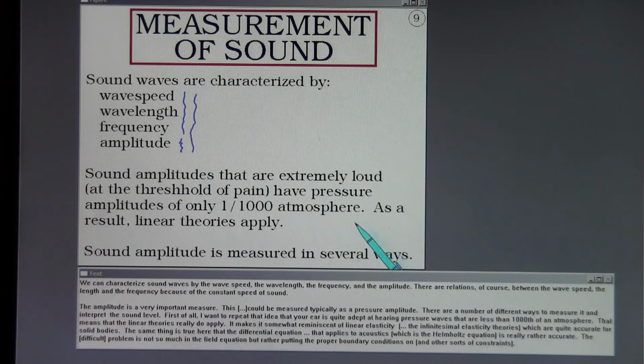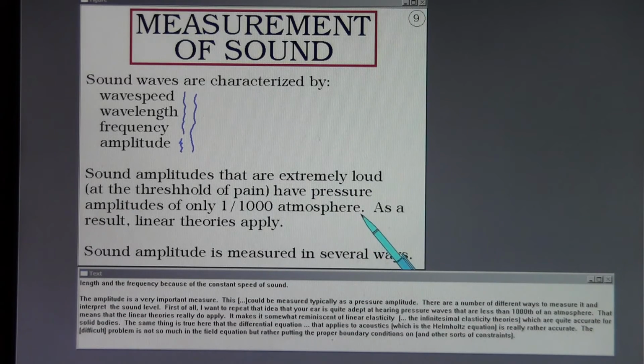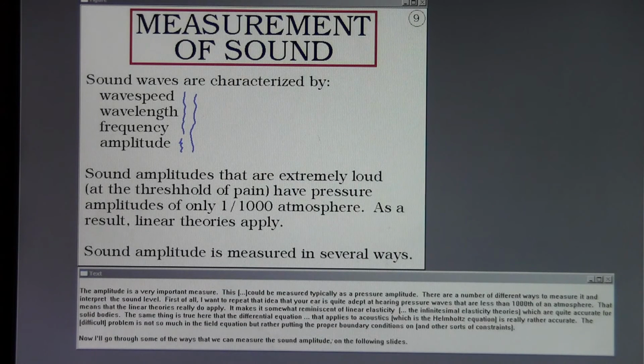First of all, I want to repeat that your ear is quite adept at hearing pressure waves that are less than 1,000th of an atmosphere, and that means that the linear theories really do apply. It is somewhat reminiscent of linear elasticity or the infinitesimal elasticity theories, which are quite accurate for solid bodies.